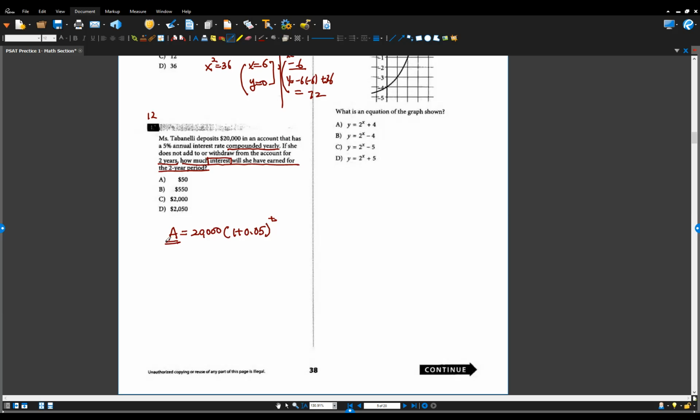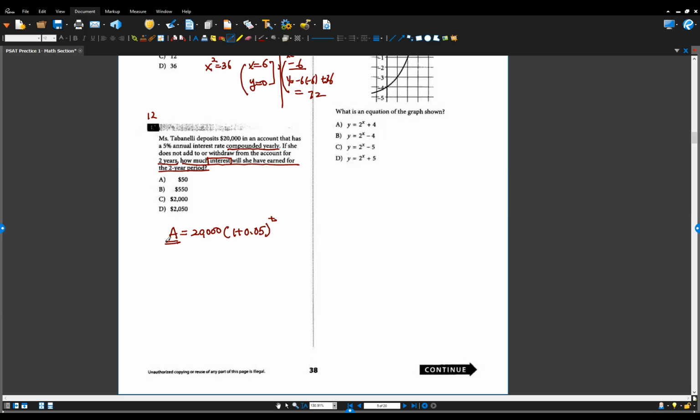At the beginning, it was 20,000. After 2 years, you need to find the total amount in the account. But we just need to find the interest, so we're going to subtract the original money.